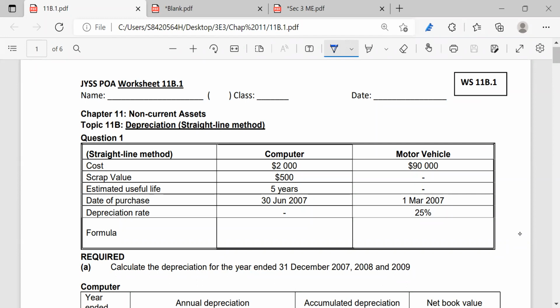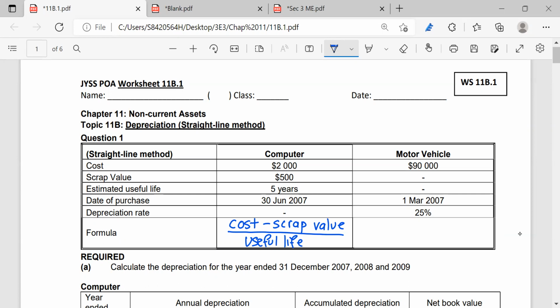So what you have to do is use the second formula instead. In the box here, you can just write cost minus scrap value over your useful life. So this is the first formula.